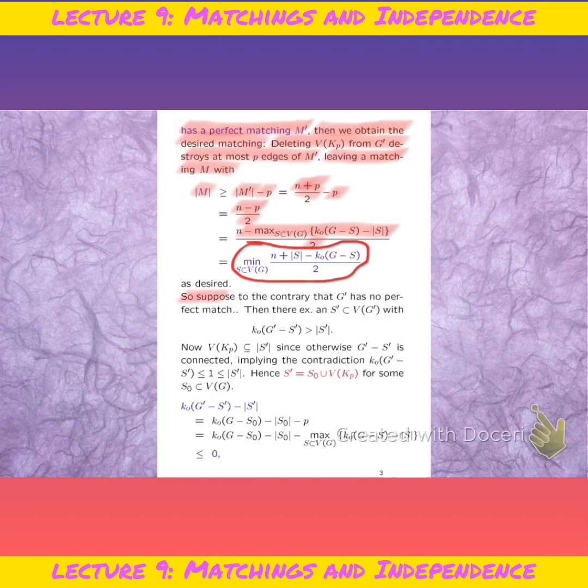So let's suppose to the contrary that G prime has no perfect matching. Then by Tutte's one-factor theorem, there must exist a subset S prime of the vertex set of G prime where this inequality holds: the number of odd components of G prime minus S prime is at most the cardinality of S prime. Now, they say here that the vertices of K_P must be contained in this set that you're removing, since otherwise G prime minus S prime is connected.